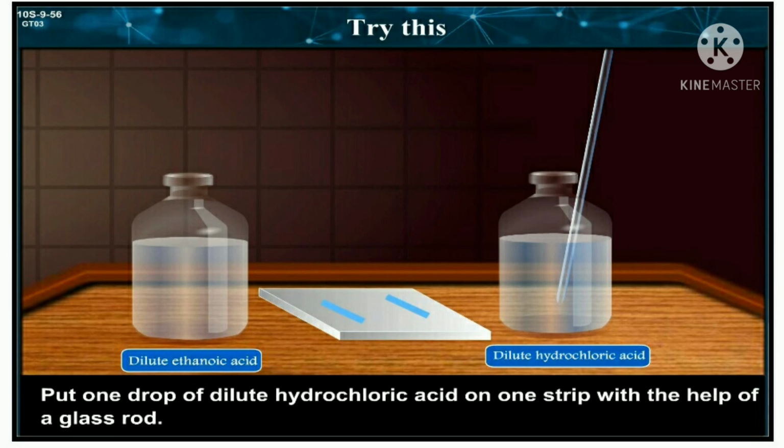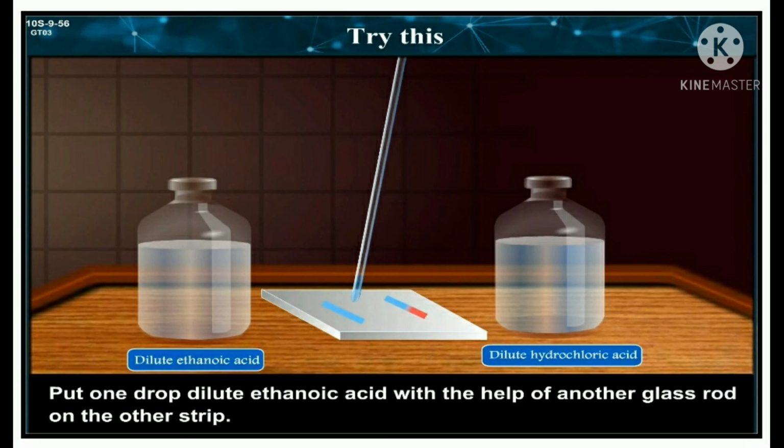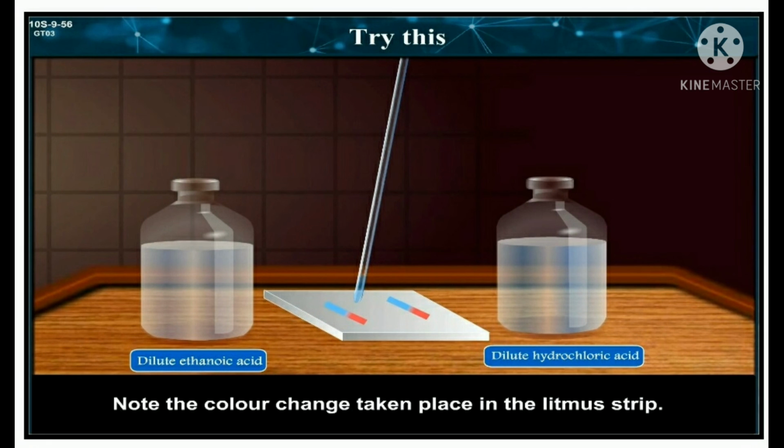Put 1 drop of dilute hydrochloric acid on one strip with the help of the glass rod. Put 1 drop of dilute ethanoic acid with the help of another glass rod on the other strip. Note the color change that takes place in the litmus strip.